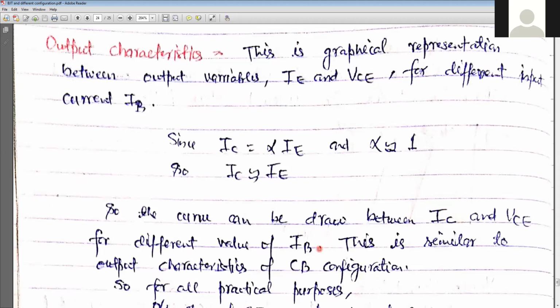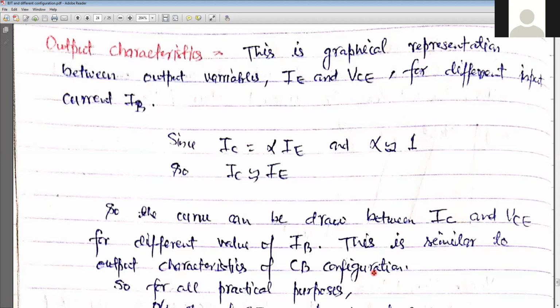And if you remember, in the common base configuration, what was the final output? What are the output variables? The output variables are the collector current and the output voltage.